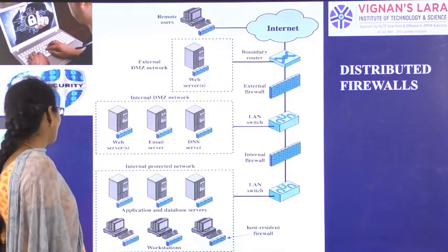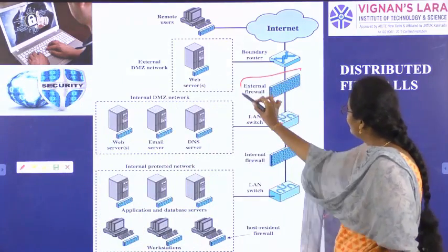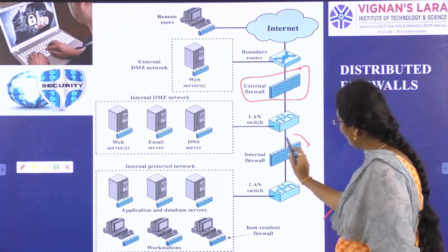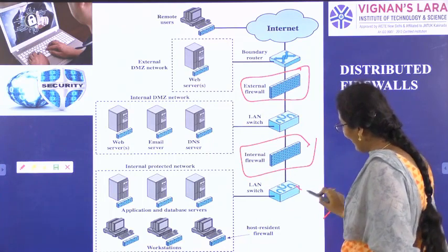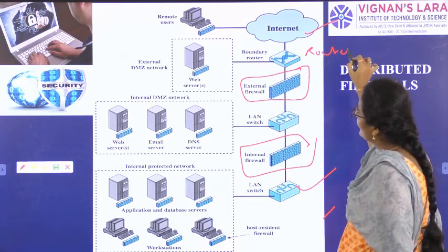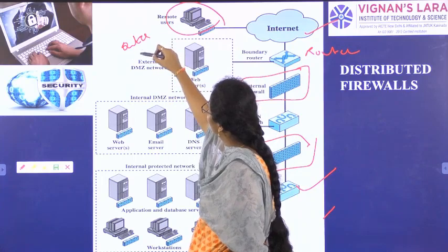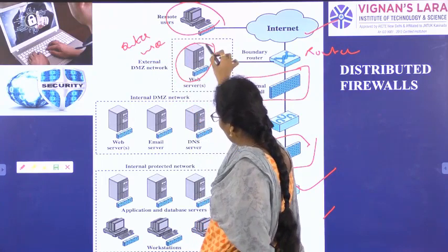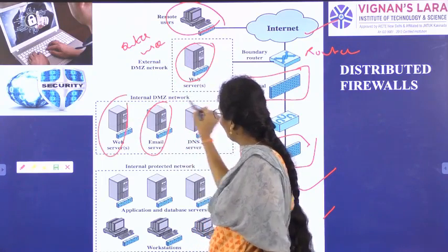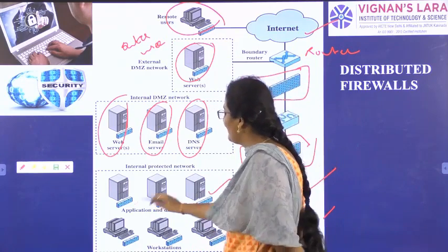Finally, distributed firewalls. If you see here, we have the external firewall, internal firewall, LAN switch, internet, router, remote users meaning outside users, network, email server, web server, DNS (domain name system) server, applications and databases.